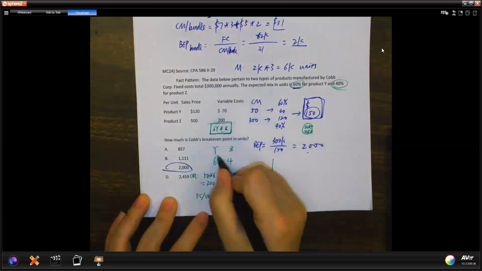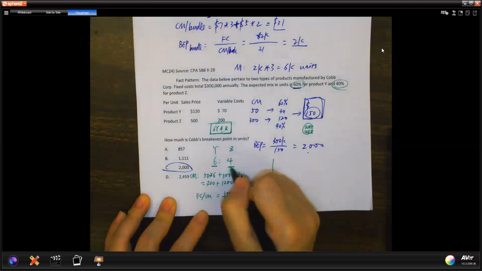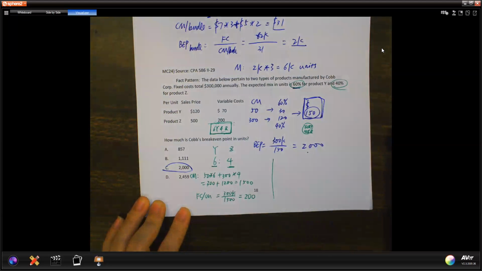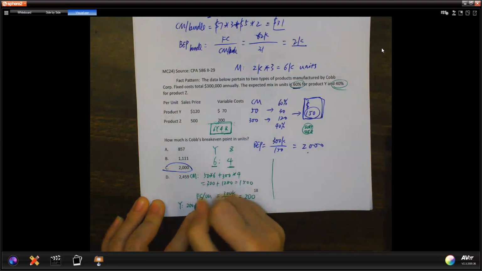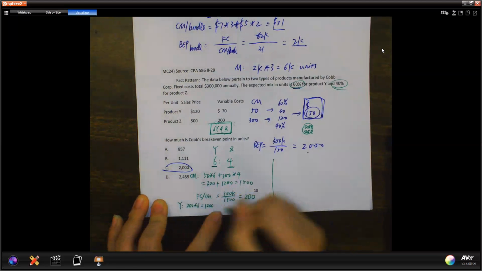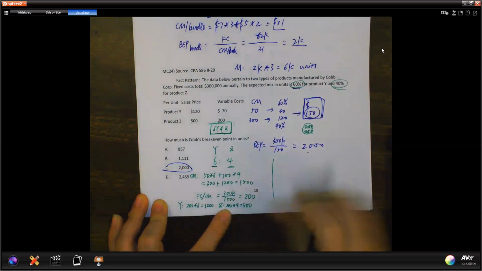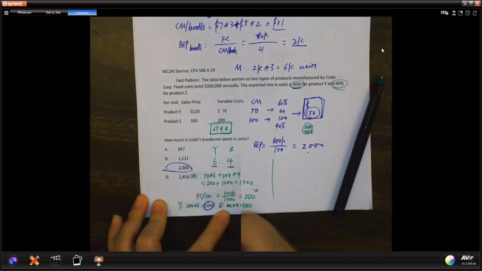For each bundle you have 6Y and 4Z. So Y is 200 times 6, which gives you 1,200, and Z is 200 times 4, which gives you 800. So your total units are 2,000.